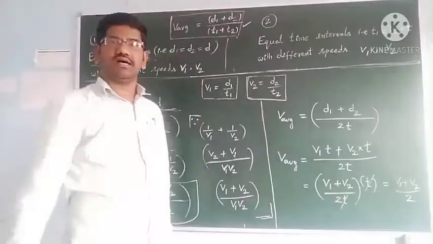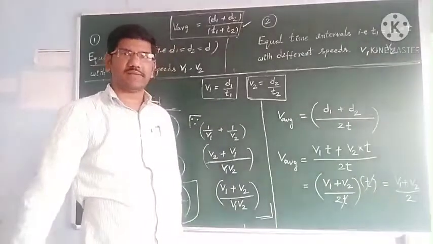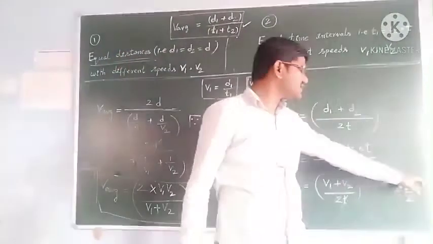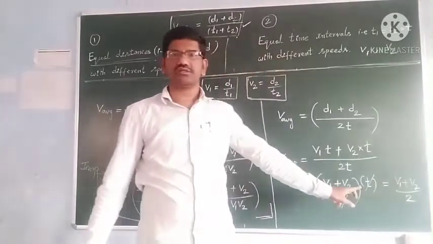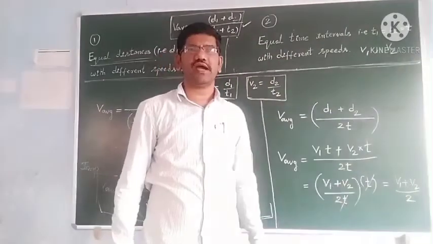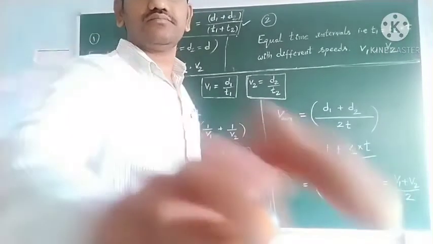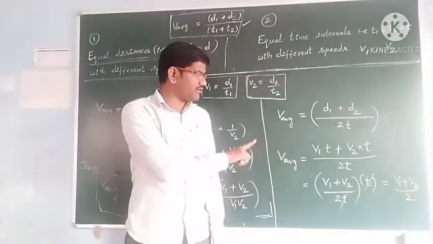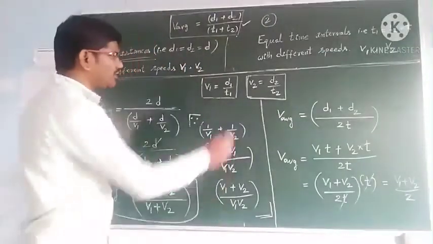So when time intervals are the same, simply the sum of the speeds divided by the number of speeds, we have to write it, students. Just write the sum of the speeds by the number of speeds. These two formulas we will use.